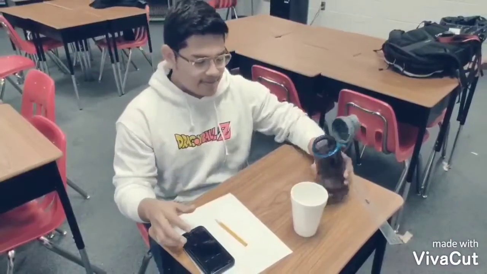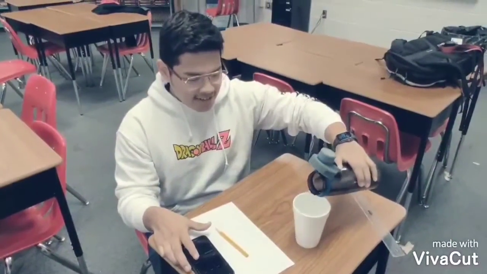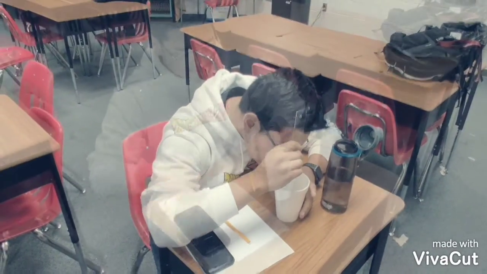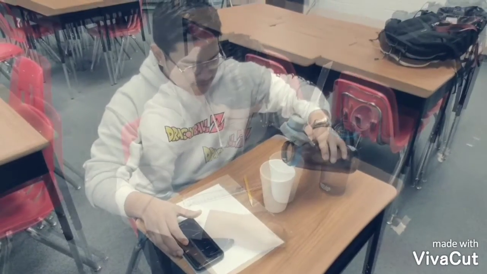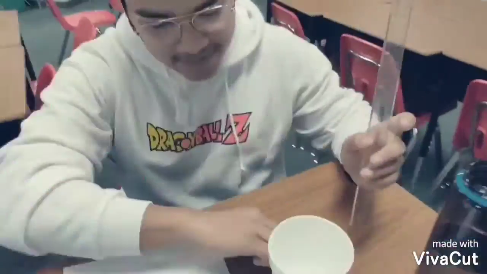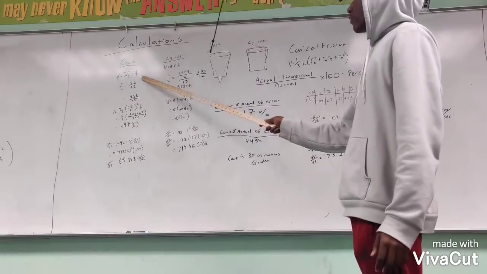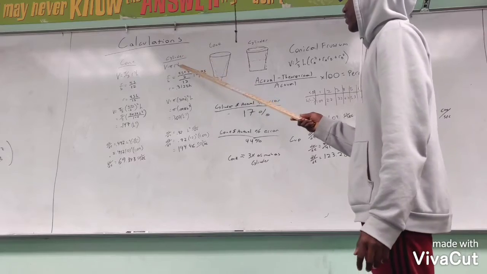To find out the rate at which the volume changes, first we would have to figure out the rate at which the height changes as we pour water, using 1 second intervals. First, the volume of a cone and the volume of a cylinder, we just have to get those equations.